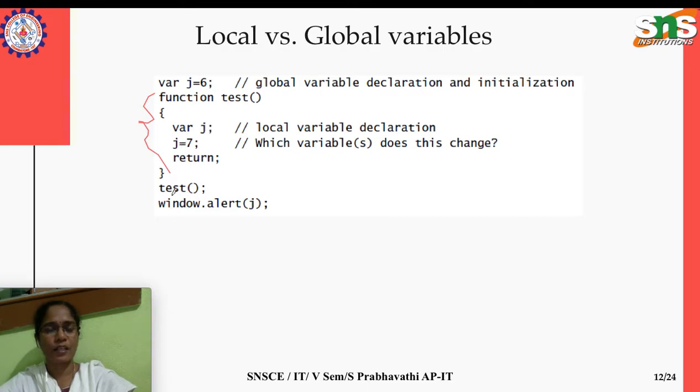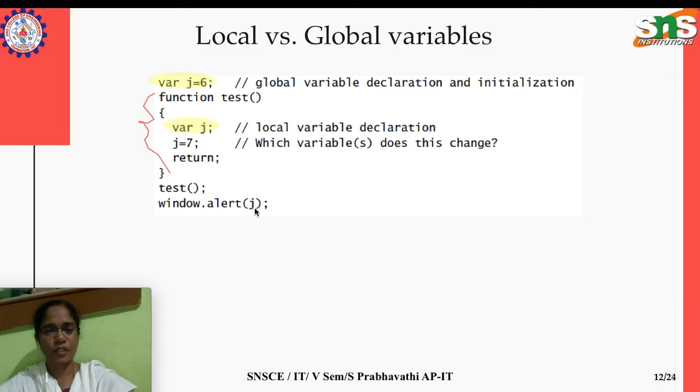And here what we are doing is just calling the function. When we call the function, j will be replaced as 7, and it comes out, it returns nothing, is it not? Next, window.alert, you are calling j. Now which j, which value will be displayed, either 7 or 6?